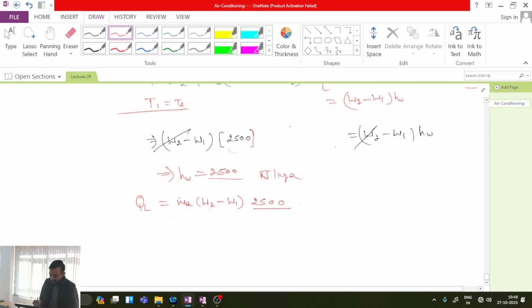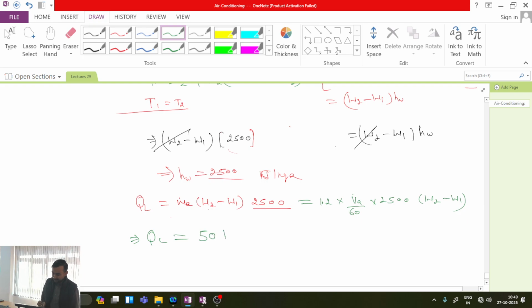Let us convert this equation in terms of density. So 1.2 density into V dot A by 60 into 2500 into W2 minus W1. Please tell me what is this number? What is 1.2 by 60 into 2500? 50.